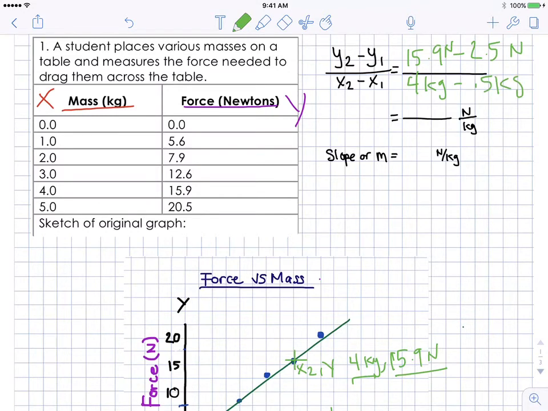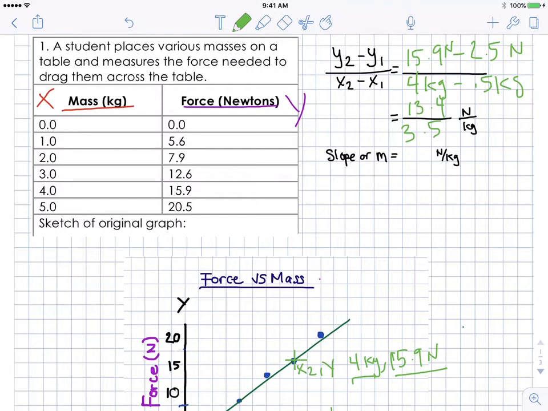So then you just go ahead and do the math, right? So you have 15.9 minus 2.5. So that top number there is 13.4, and then you have 4 minus 0.5, which is 3.5. So you have 13.4 over 3.5.